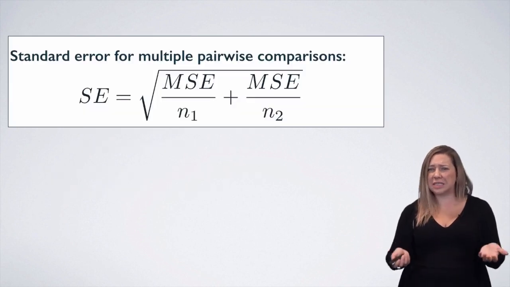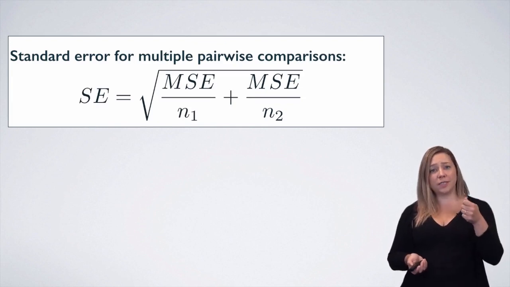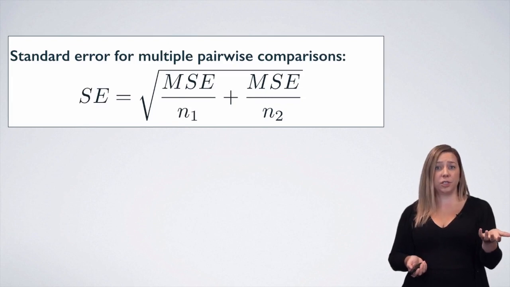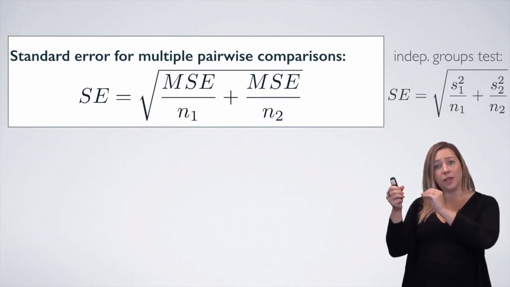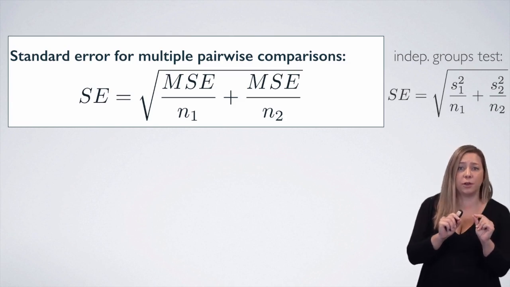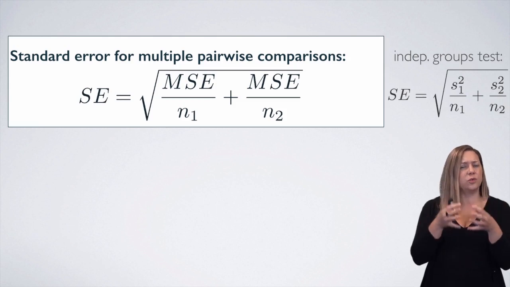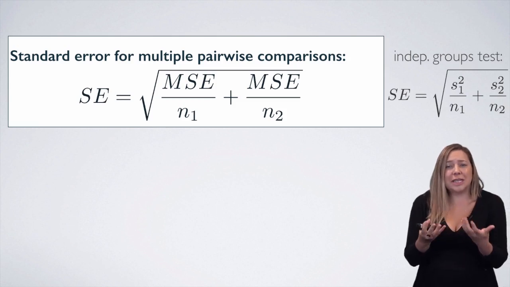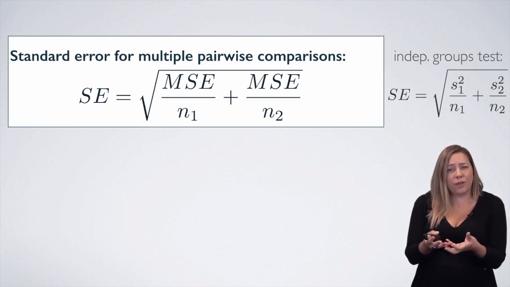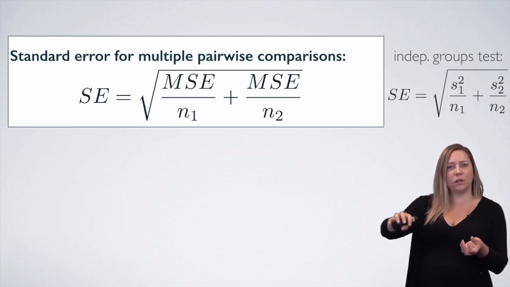So what are these consistent standard error and degrees of freedom we need to use? The formula for the standard error should seem familiar to you, except that instead of the individual group variances, we're actually using mean squared error from the ANOVA table. Remember, the mean squared error is actually the average within group variance, so we're still getting at the same thing, the individual group variances, but now we have a consistent measure that we can use for all of the tests.